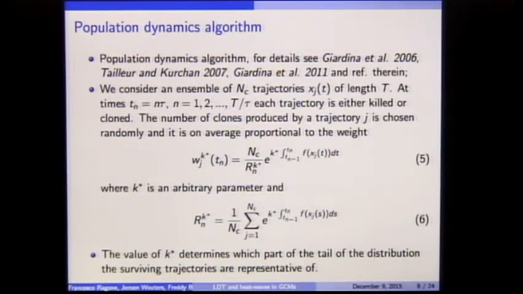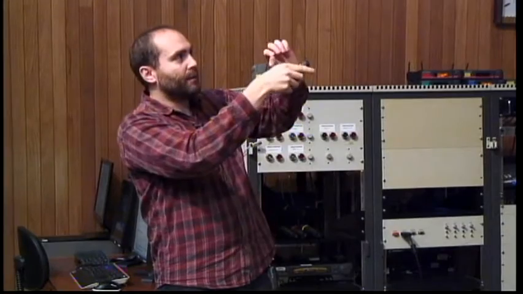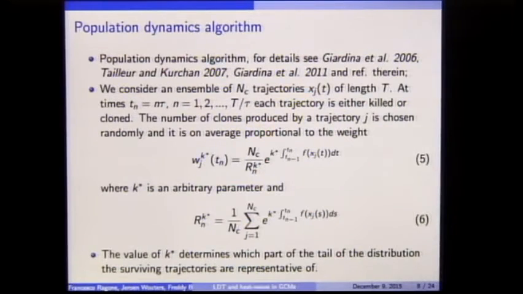This R is just the average of the weights, so it is just a normalization. Then each trajectory will produce a number of copies of itself proportional to this number. If this number becomes less than 1, the trajectory is killed. There is some technicality on how to keep the number of trajectories always n, but this is not important.